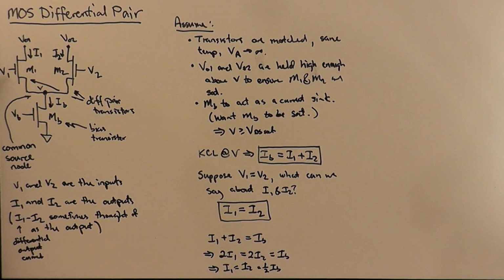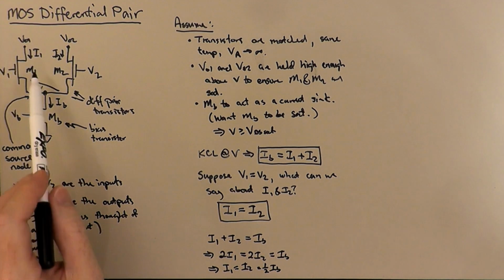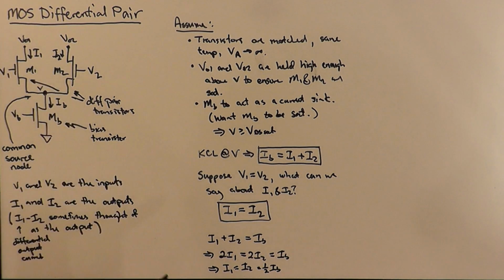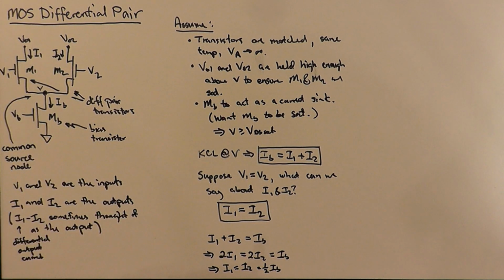So we've figured out, just by virtue of the matching and the way these things are connected, that under the conditions that V1 equals V2, this bias current IB will be split 50-50 by the two transistors. And so if we were to take I1 minus I2 as our output, we would find that I1 minus I2 is equal to 0 under these conditions.